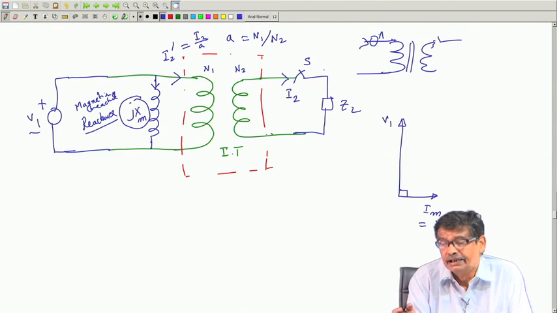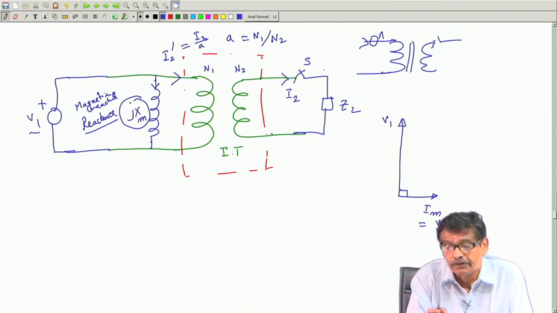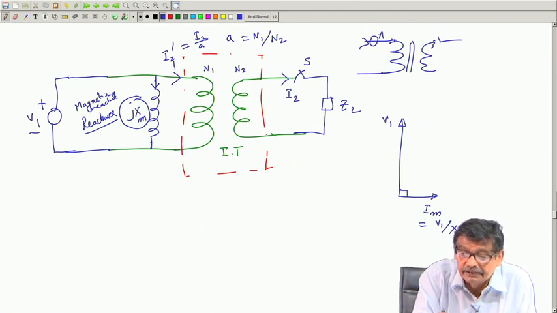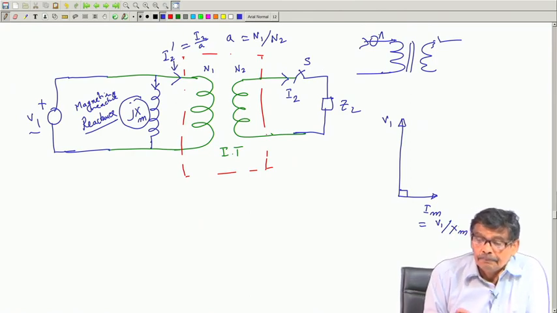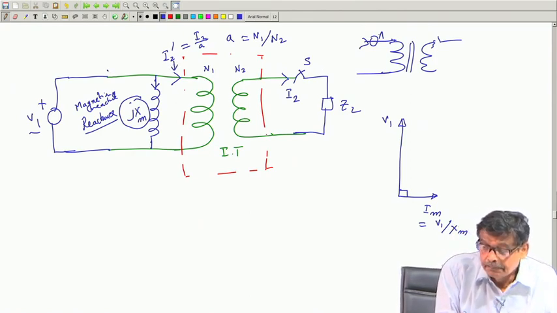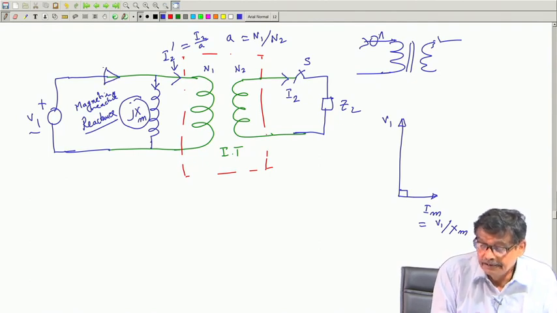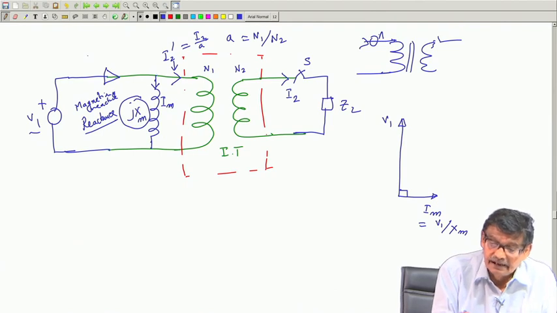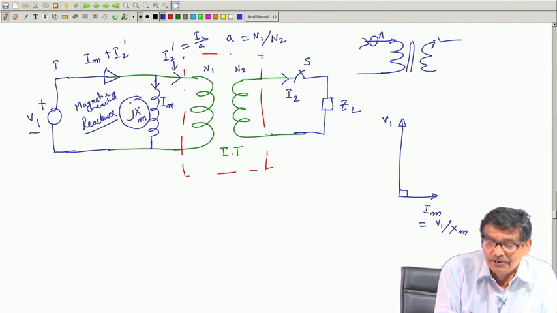And we know how an ideal transformer behaves. Connect a load, there will be a reflected current I2 dashed here, and then the current drawn from the supply will be this magnetizing current Im plus I2 dashed, and this will be your I1.